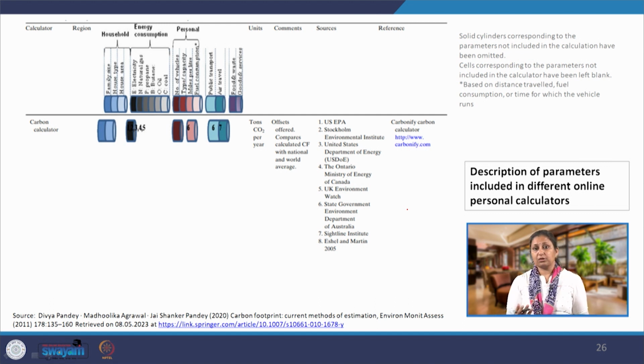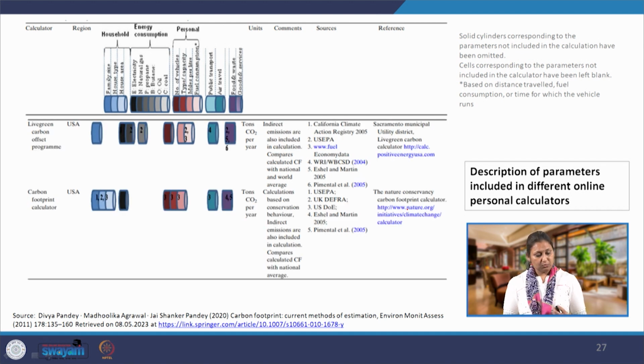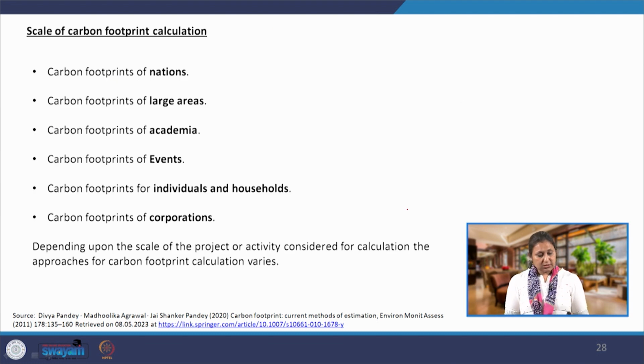Most of the calculators also mention which inventories they have used. So, you also need to understand where inventories are being developed and which inventories are going to be used. So, this is all in this particular lecture.